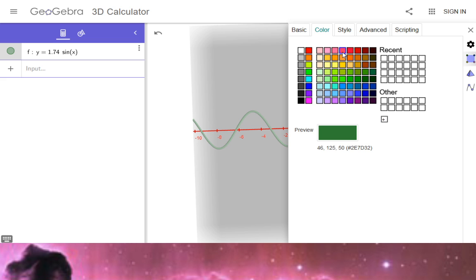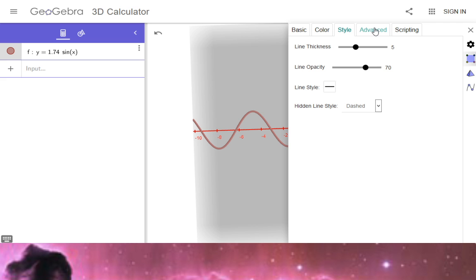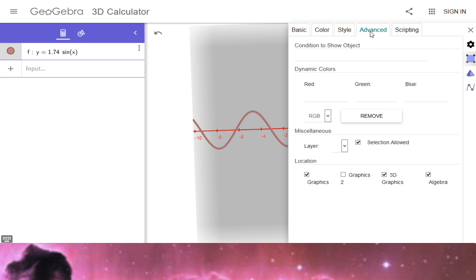Let's make it red. Because we don't want to go over, well, let's make it a darker red. We don't want it to go over that. Style, line thickness, line opacity, advanced. I haven't messed with any of this stuff.